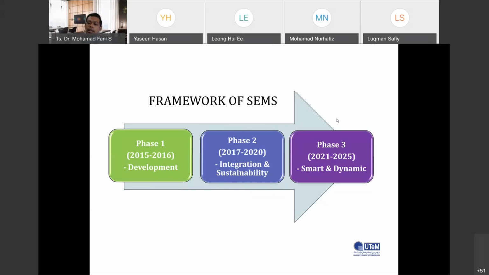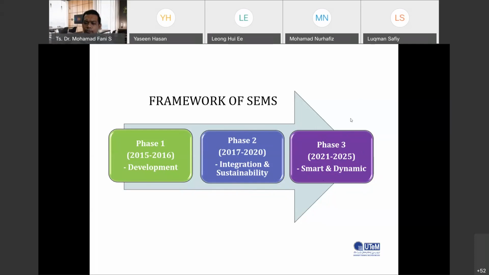So this year is phase 3. We are starting phase 3, in which UTEM targets to promote a smart and dynamic campus.